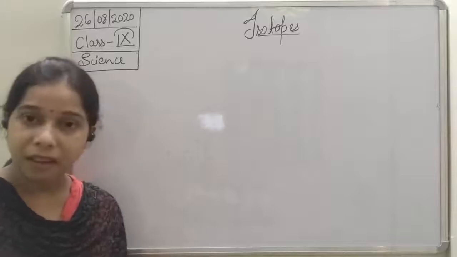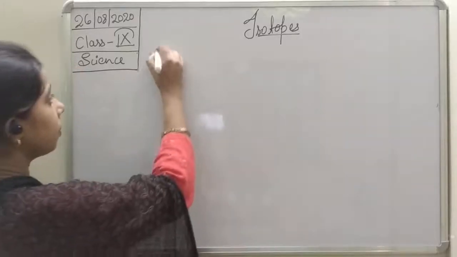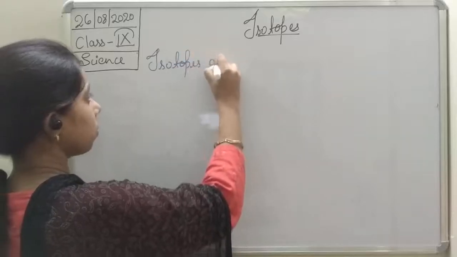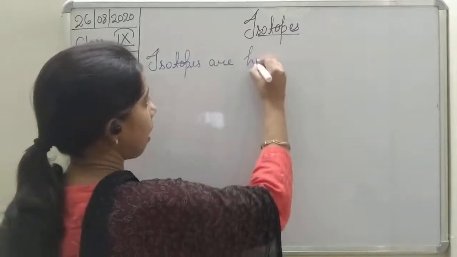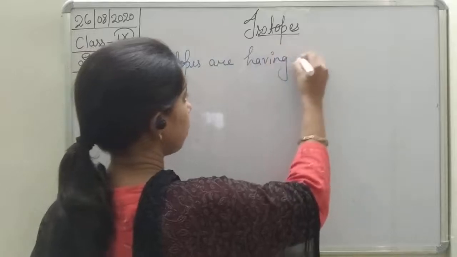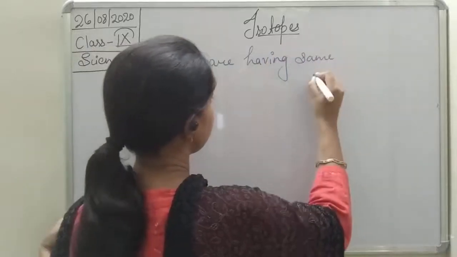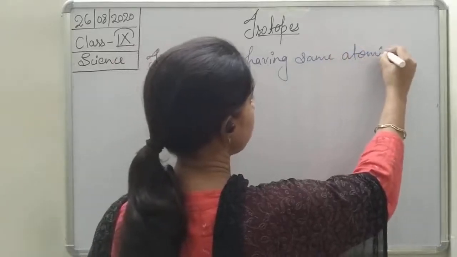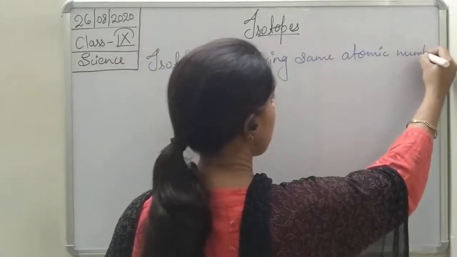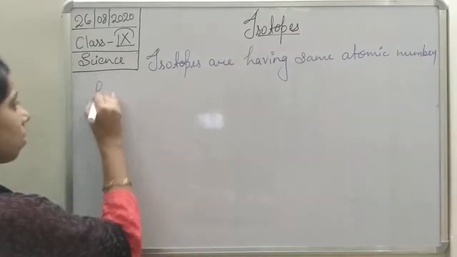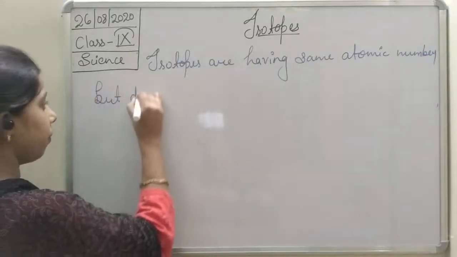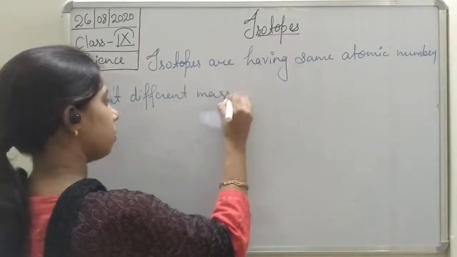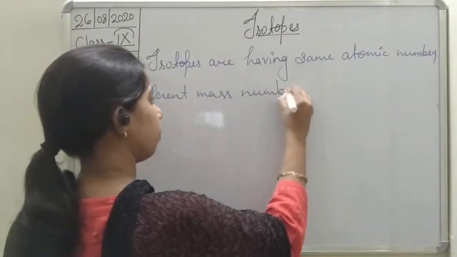Okay, so we can define isotopes as atoms having the same atomic number but different mass number.